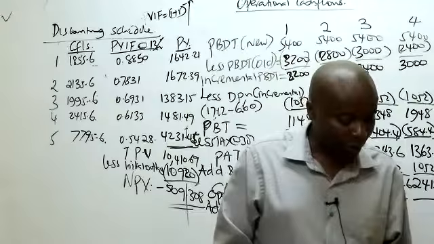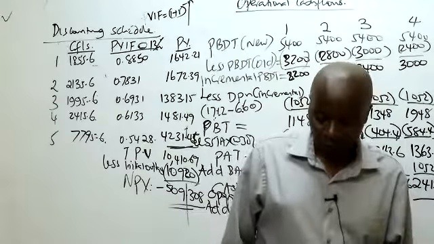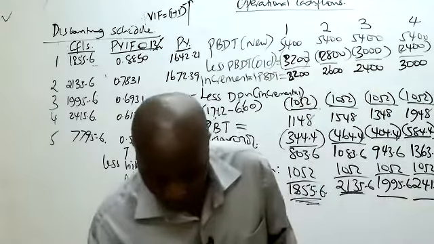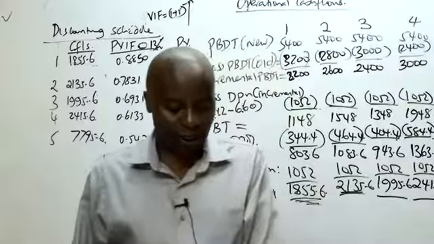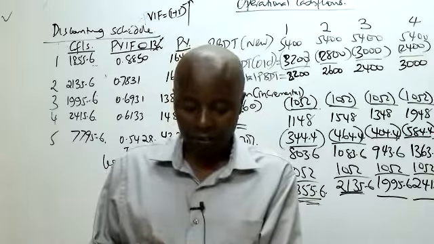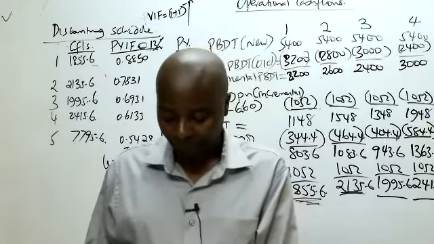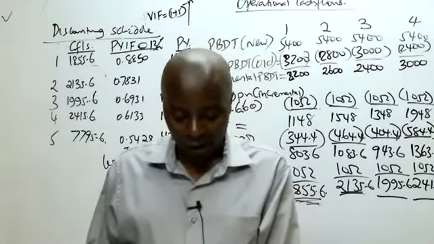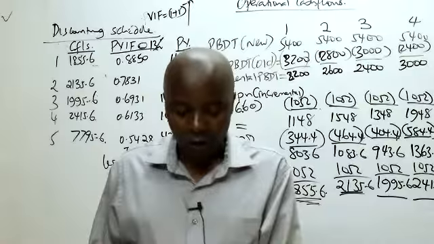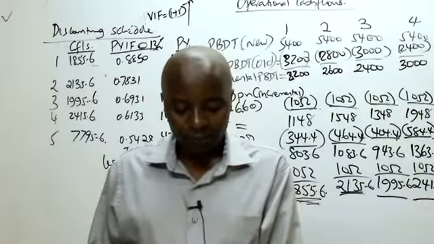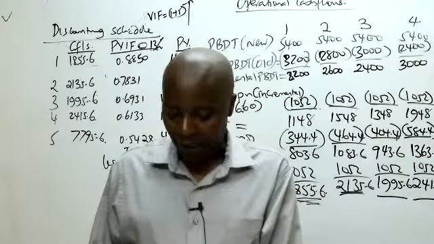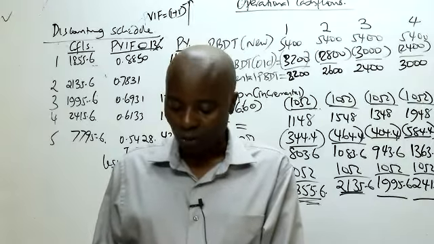So now I want you to do me a favor. I would want us to do these two questions as assignments, if possible tonight. November 2017, question 4, and November 2016, question 4.